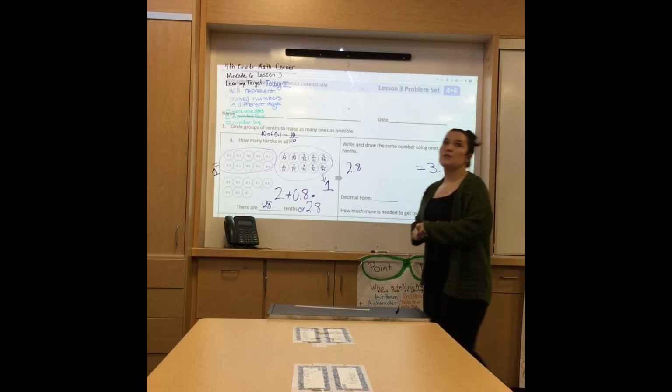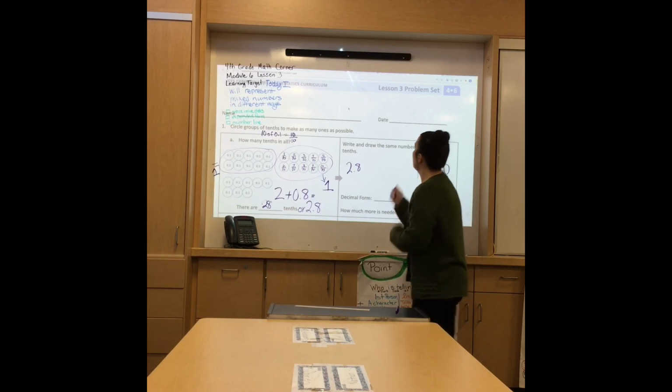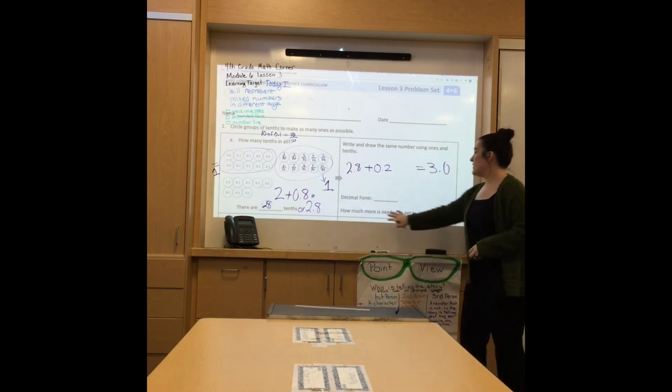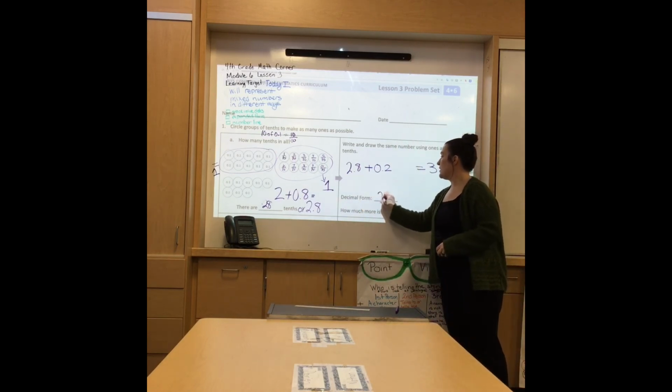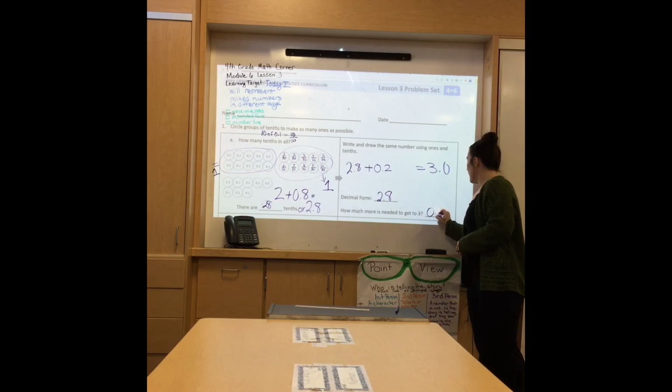And I'd go 2 and 8 tenths, 2 and 9 tenths, 2 and 10 tenths, which is 3. So we have to go plus 0 and 2 tenths would equal 3. So we're going to write our decimal form here, 2 and 8 tenths, and say that we need to go 0 and 2 tenths more to get to 3.